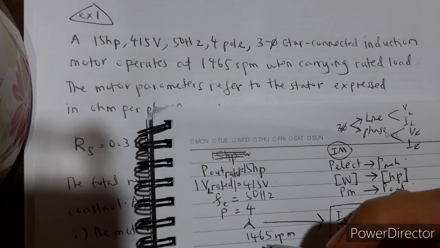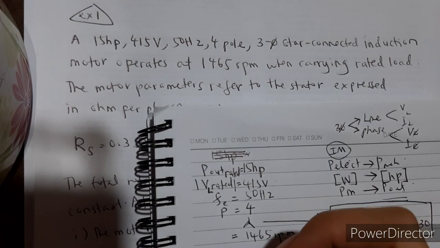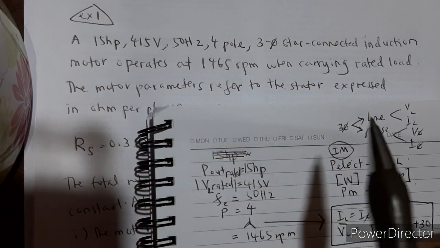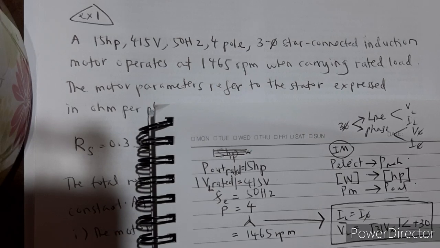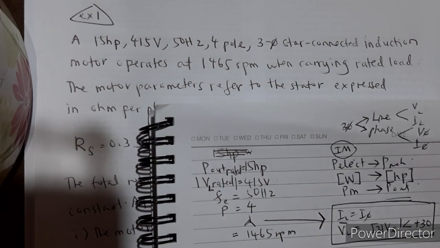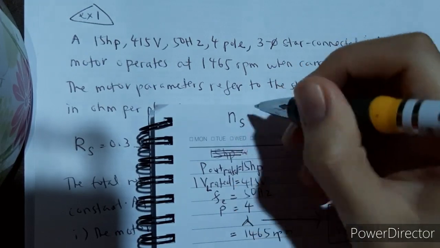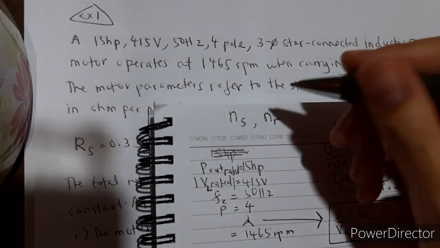So 1465 RPM is a speed. The question said the motor operates at 1465, and from the sentence, the motor operates, in an induction motor we have two main types of speed, remember: synchronous speed and motor or rotor speed.